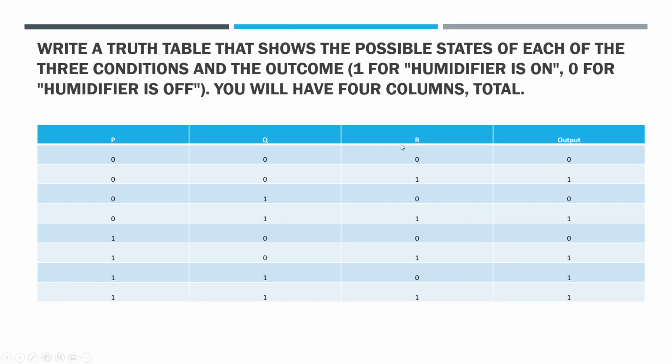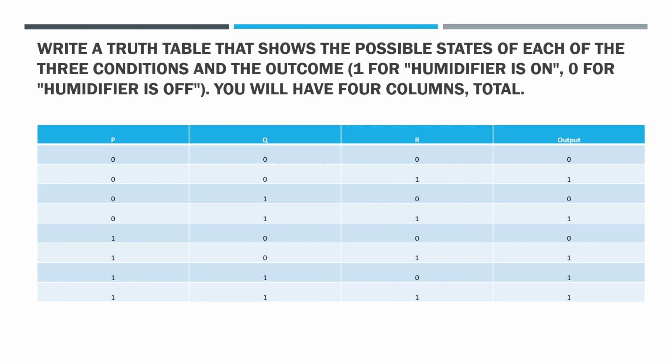Every time R is equal to 1, it gives an output of 1, which means the dehumidifier would be on. So here we show 1, 1, 1, and 1. It's on for each of those conditions that are met.